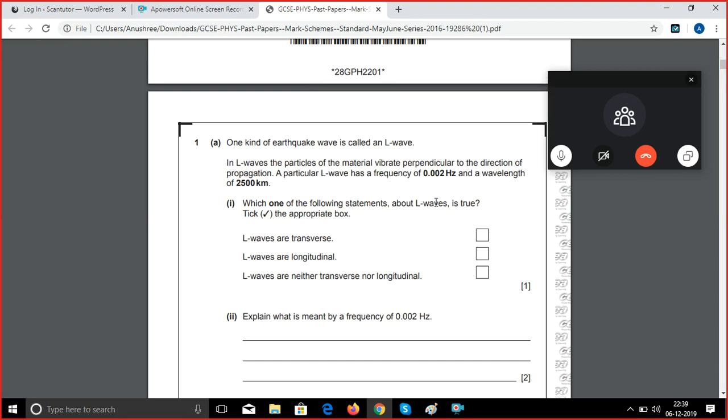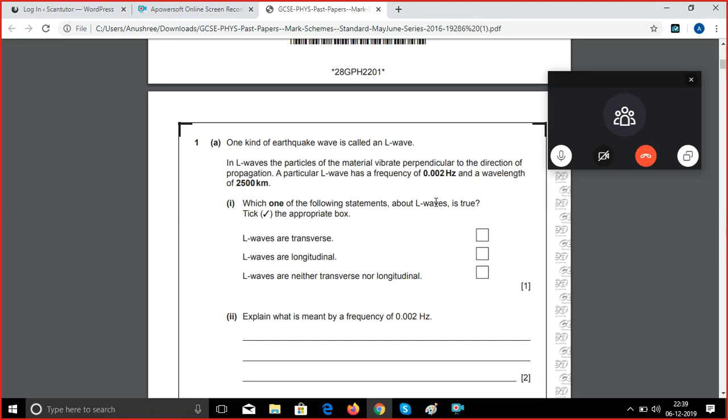Wait, which question are you on? I'm on question 1A. The paper that I opened is one about an earthquake wave. This is the paper I received today, the January 2019 one.